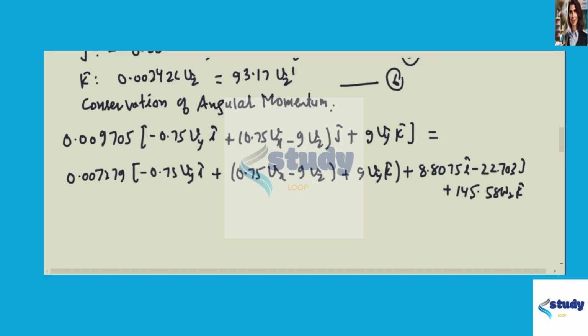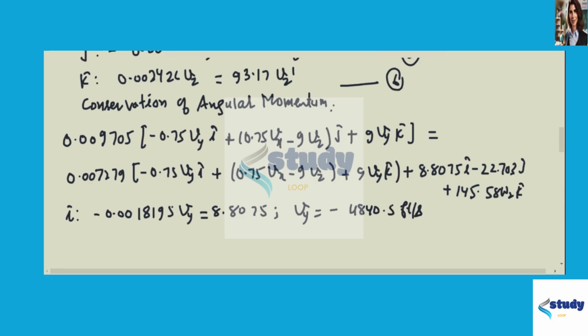So equating the coefficient of i cap, you will find minus 0.0018195 Vy is equal to 8.8075. So from here Vy you will get minus 4840.5 feet per second.